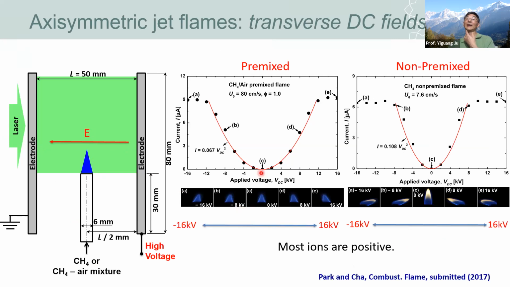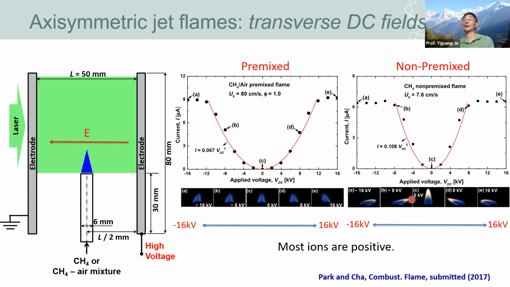You can see the current, and the flame shape when applying a negative charge. The negative charge means the electric field is going in that direction, so the positive ions move in this direction, and the flame looks like that, pointing to the right.